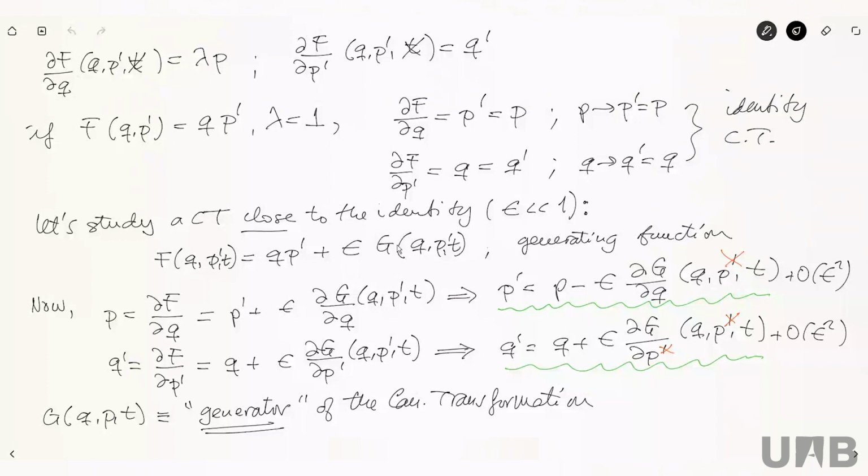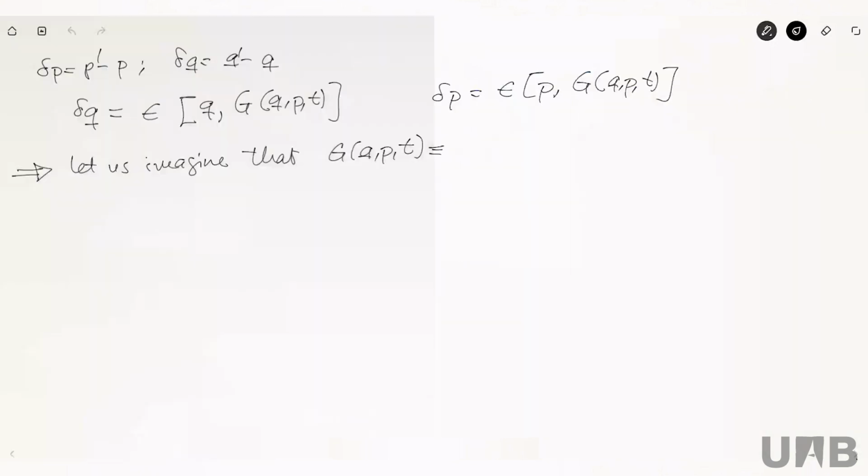But in all cases, g measures the deviation from the identity. So let us choose this g to be something that we all know and love, which is the Hamiltonian.